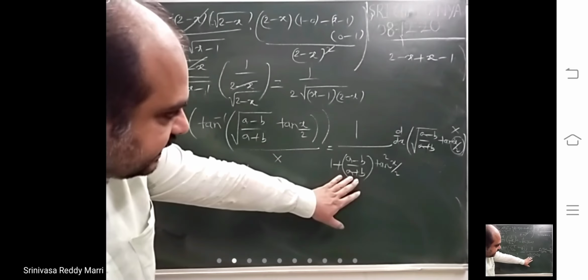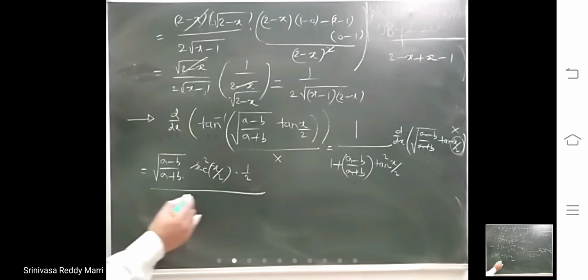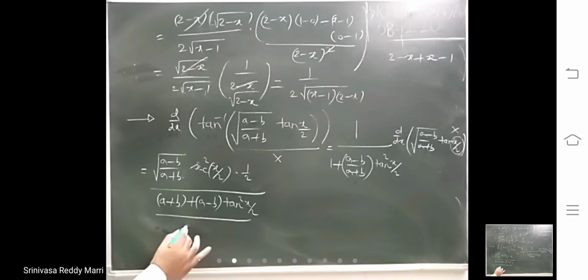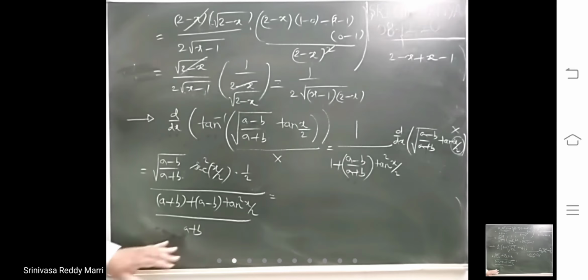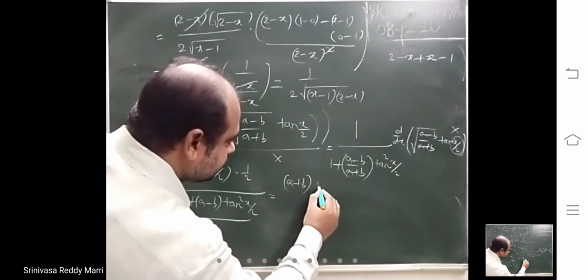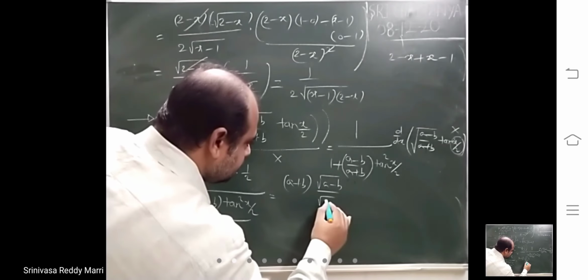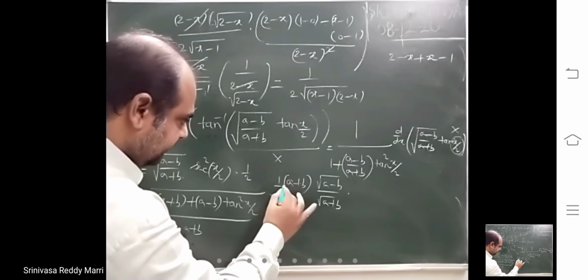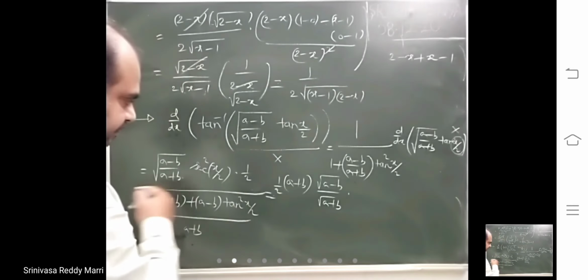So now look here. Here I am taking the LCM. If I take the LCM, a plus b plus (a minus b) tan square x by 2, divided by a plus b. So this a plus b will come up, into this 1 by 2 I have written.